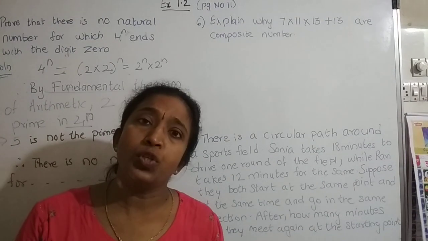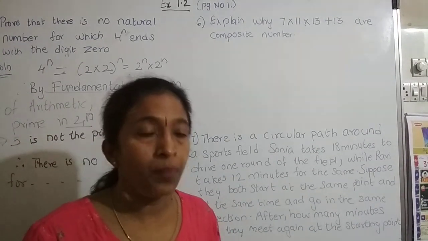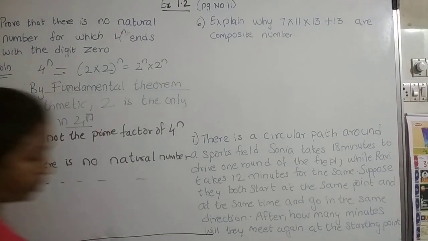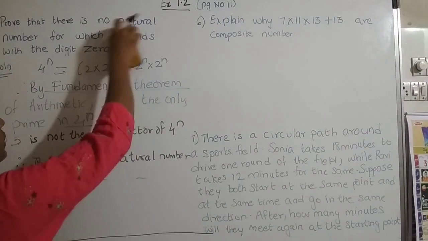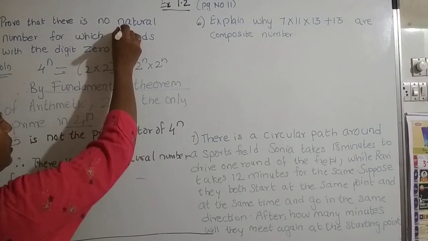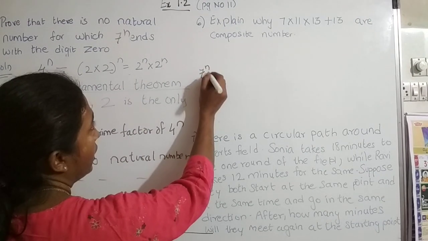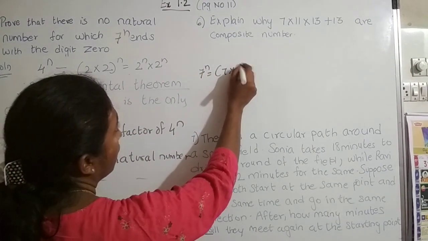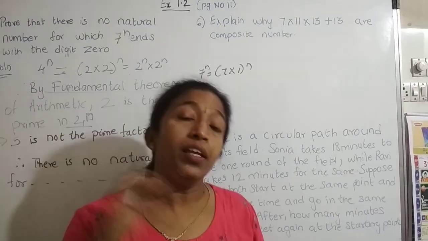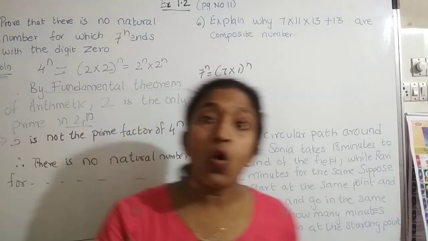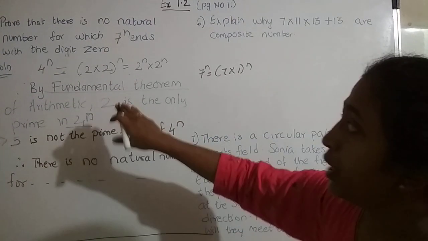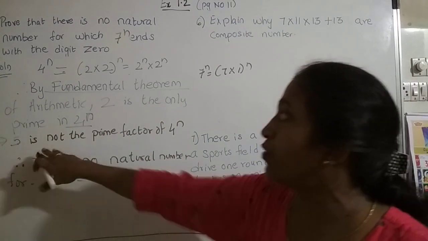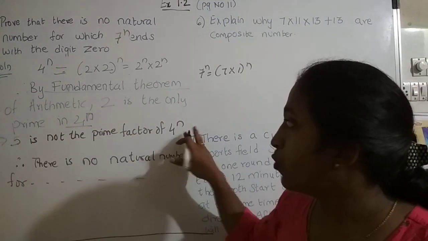Suppose the question was 7 raised to n. Then what steps would you have written? You will just write 7 raised to n is nothing but 7 into 1. And then you will write a step: here I have written that 2 is the only prime factor and 5 is not the prime factor of 4 raised to n.